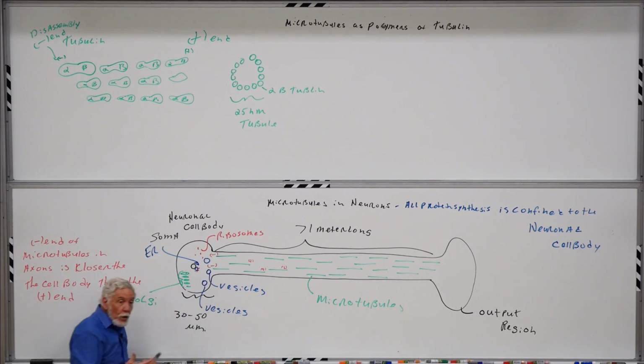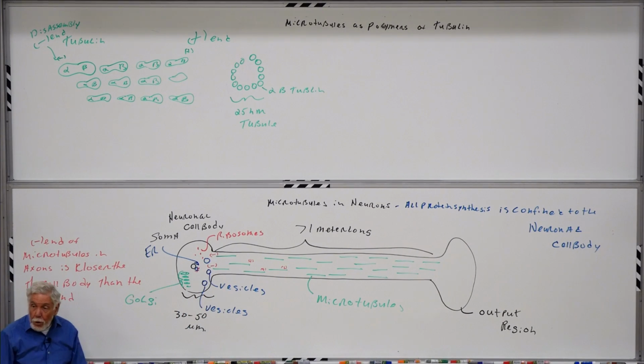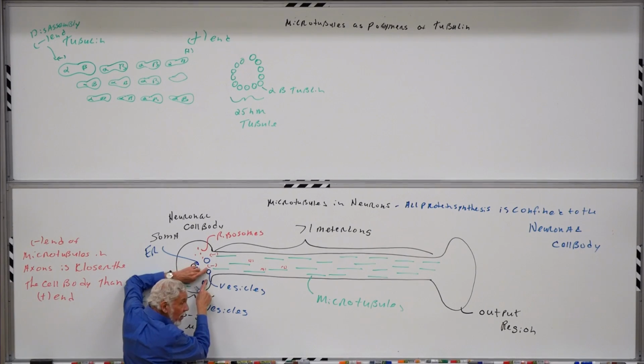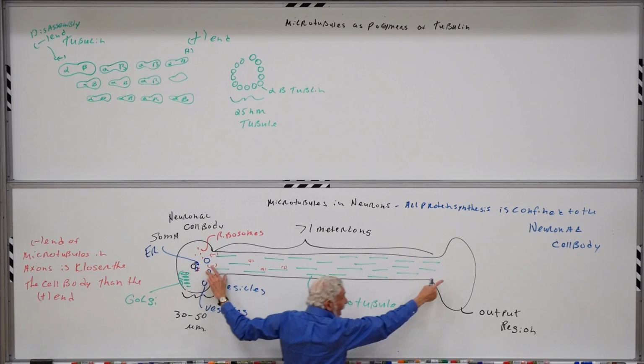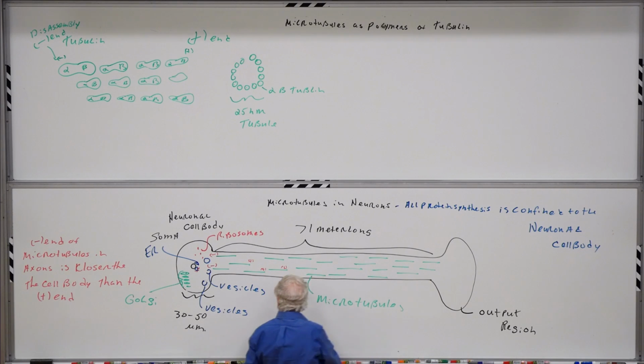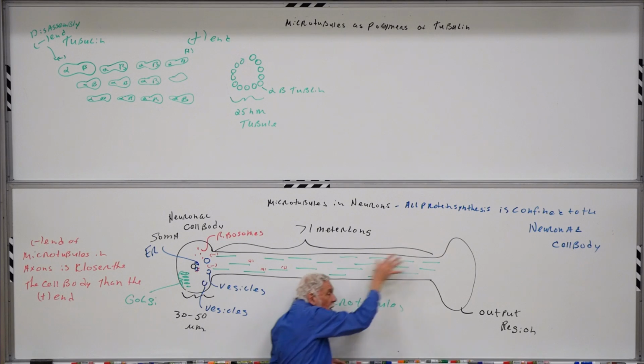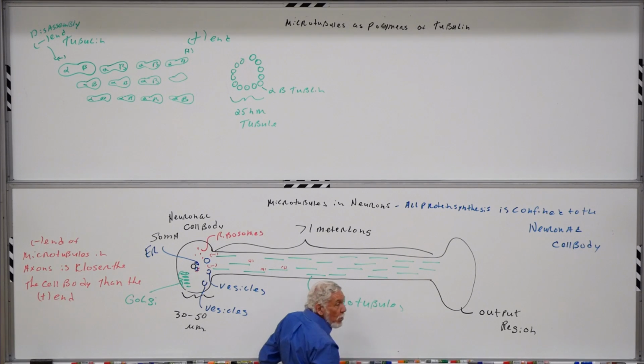And the next question, of course, is if we've produced the proteins, loaded them into the vesicles, how do we now manage to get these vesicles to move along the axon? How do we distribute the proteins generated in the factories here to the process that may be as much as a meter or more away?